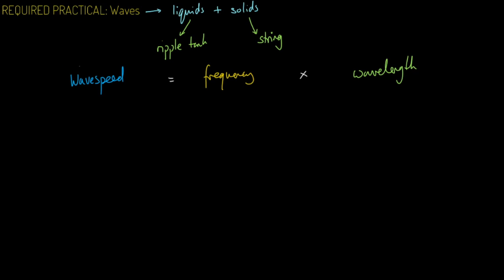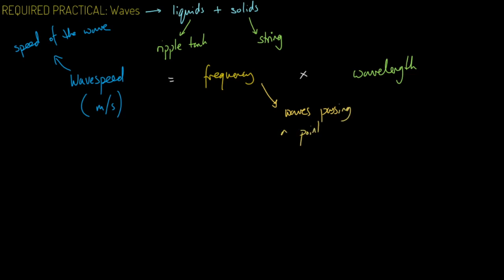So wave speed does exactly what it says on the tin. It's the speed of the wave, the speed that it travels at, and that's measured in meters per second. The frequency is waves passing a point per second, and that gets measured in hertz.